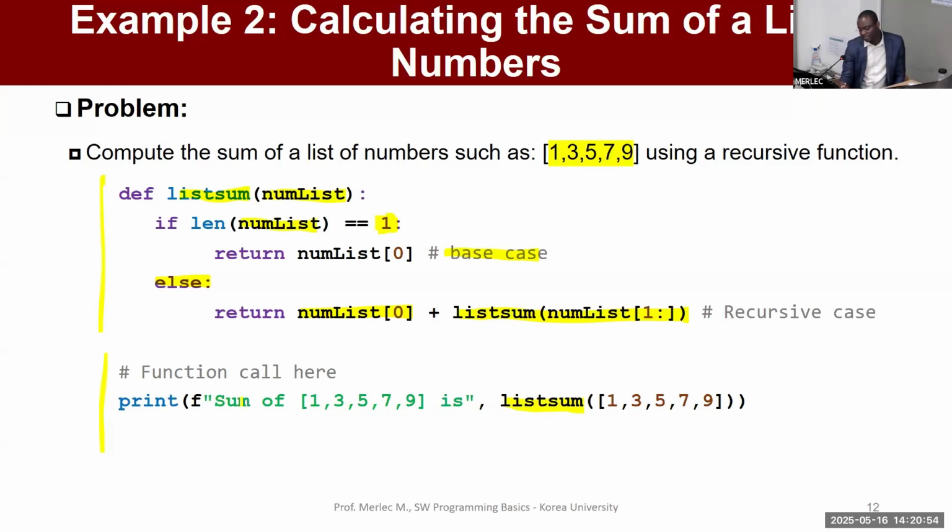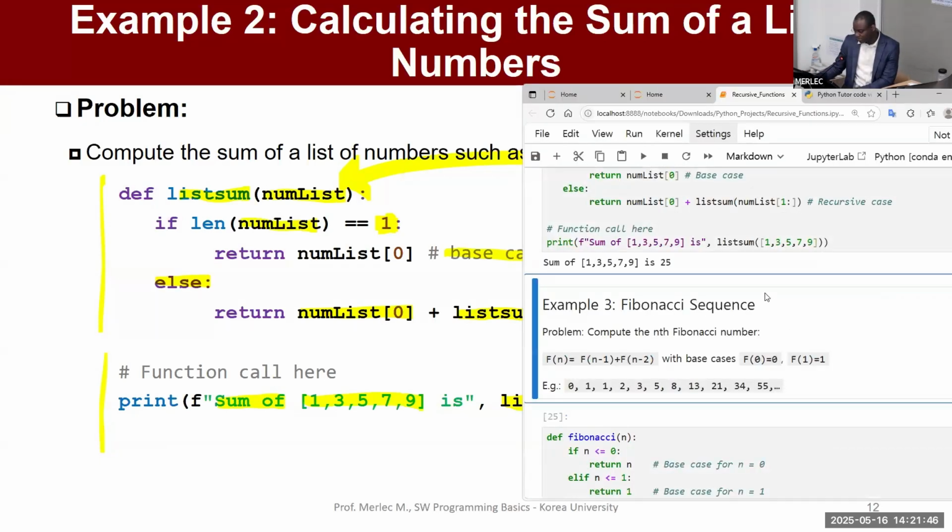The result should be printed as sum of, I show the list of numbers is, then I call the function. Here's the function call. This function sends the list of numbers as arguments to this line. So by collecting this list of numbers, it will be running again and again, going through the function.